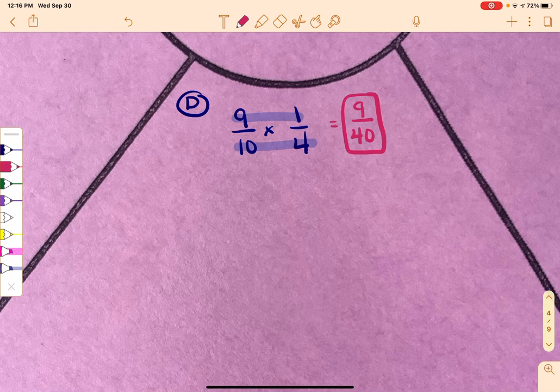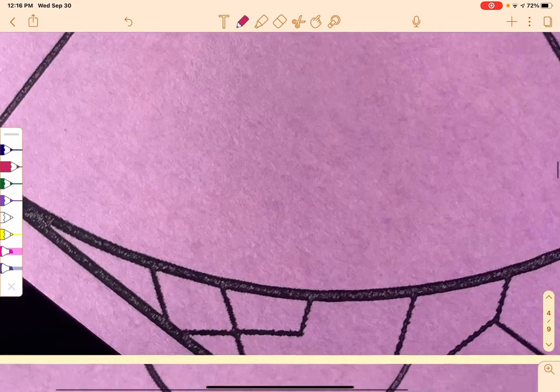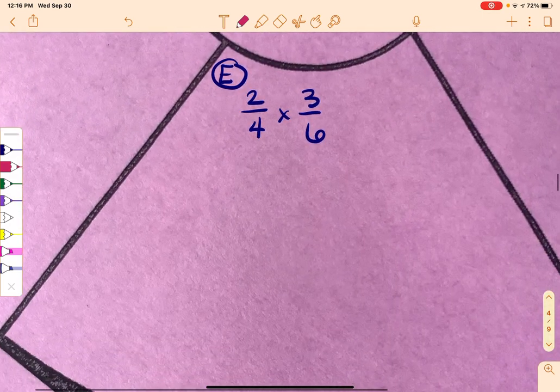We're going to go to the back and start to get stuff. A couple more that are just really fractions, one more that's just fractions, and then we're going to work our way into mixed numbers. So here's our next one: 2 over 4 times 3 over 6.